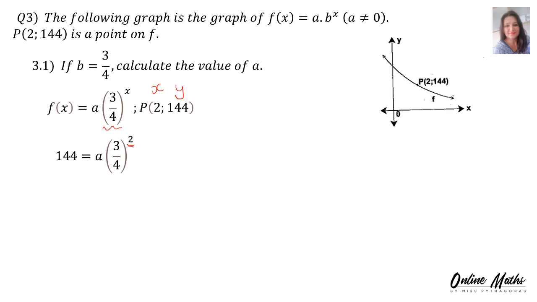Then 3 over 4 squared is the same as 9 over 16. And then to solve a, we will multiply by 16 over 9 on both sides. And then 144 times 16 over 9 is the same as 256, and that is a's value.